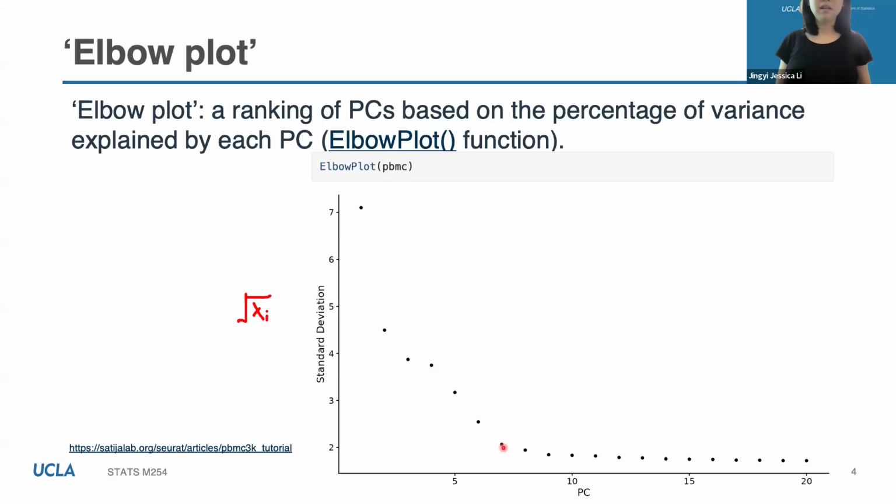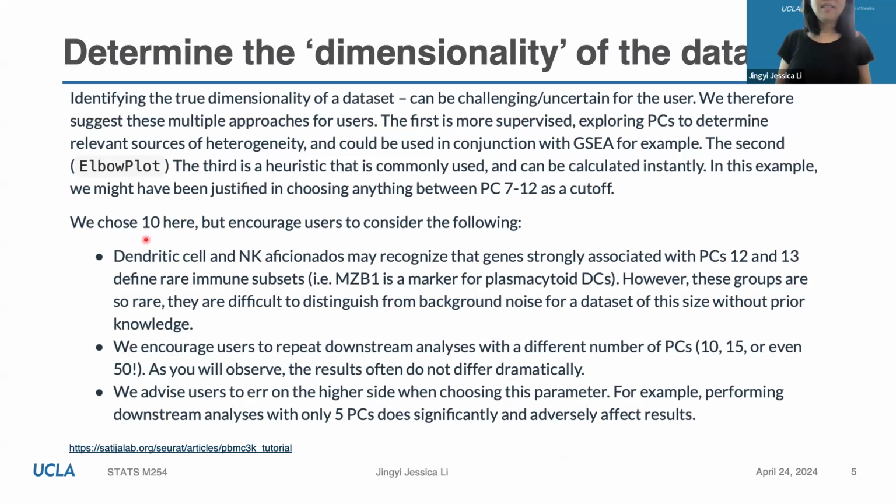Any other opinions? 9. Okay, now we see how people's definitions of an elbow are different. Some people may choose 10 because it's a rounded number. I think it's either 7 or 10, but they are actually close. And in fact, the Seurat authors chose 10 here.